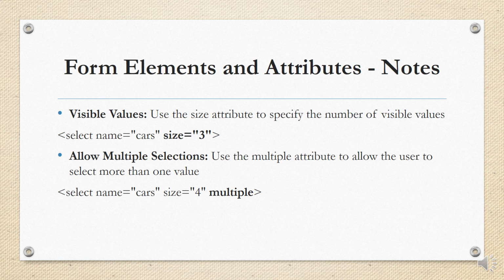And with those values, we can add a visual value. If we have a too large list, we can size it so only some elements can be seen until you click on it and open up the list. And we can have multiple selections by adding this multiple attribute. So you can click and drag and select many options from the list.